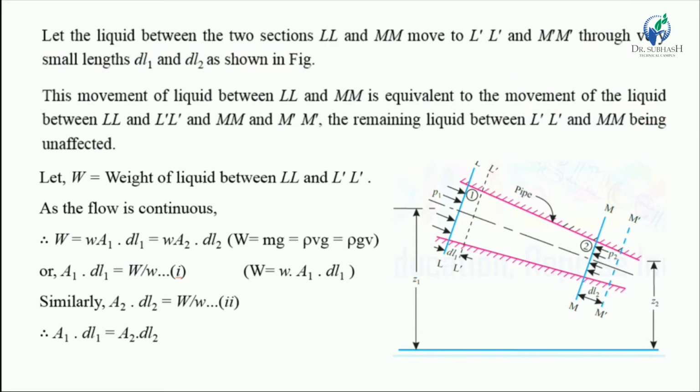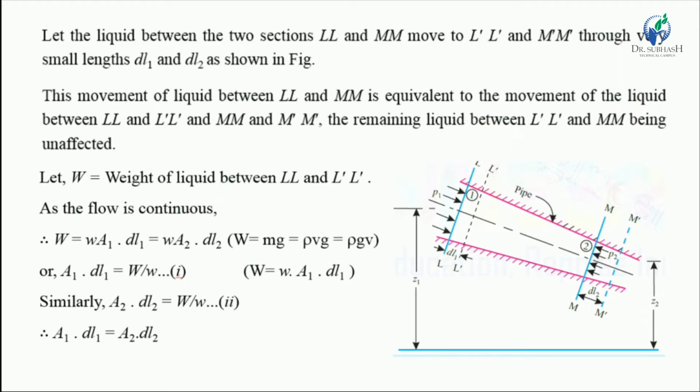Now the movement of liquid from LL to LL dash and MM to MM dash is equivalent, so the weight of liquid between the two sections LL to LL dash and MM to MM dash is equivalent.